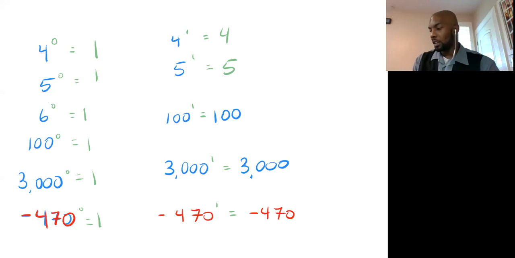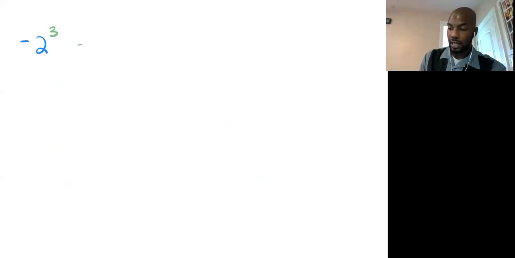All right, now let's do some negatives. Basic point with negatives, if it's an even number negative, you're going to get a positive number. If it's an odd number negative, you're going to get a negative number. So what I mean by that is, for example, let's say you have negative 2 to the third. All right, how do I write that out?